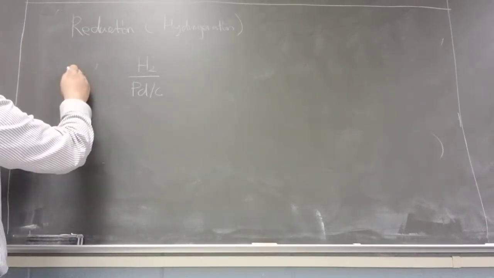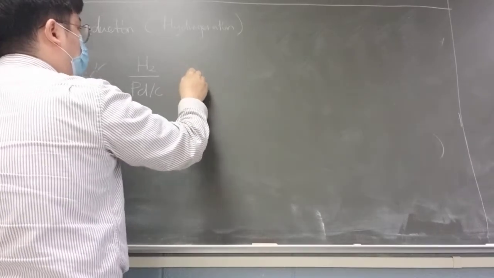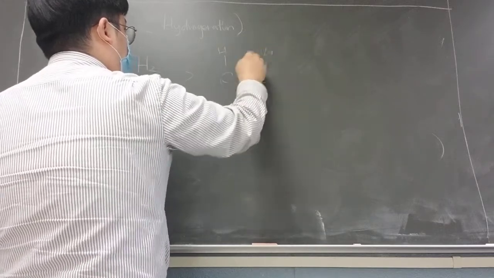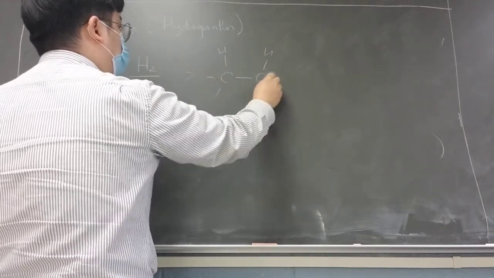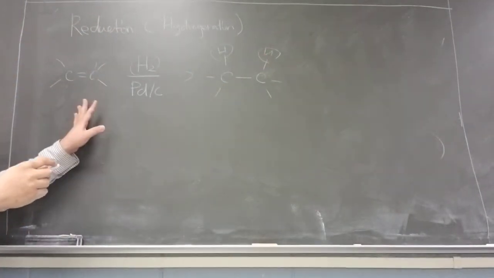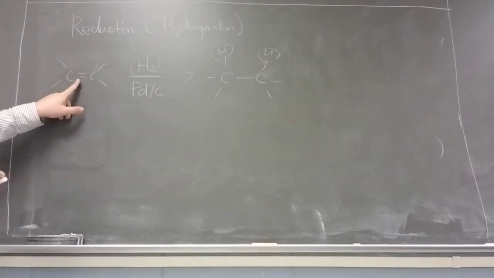I don't know if you guys remember this. Whenever you have a double bond, they just go to alkane again, just simply adding hydrogen over here. This is what we did before. Now just try to think this is the triple bond.